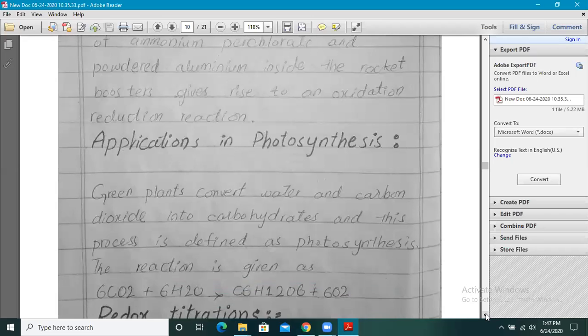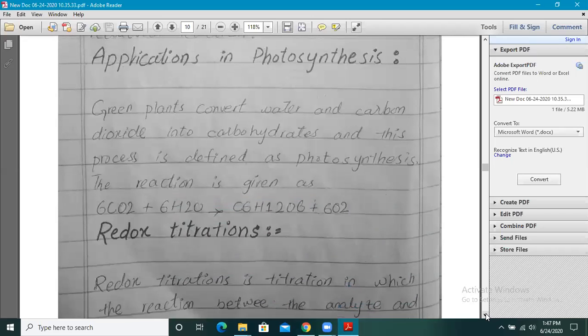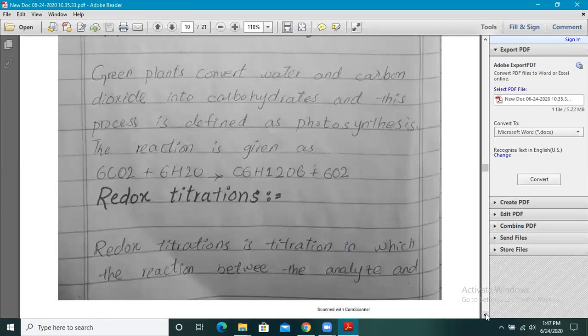Now we have the application in photosynthesis. Green plants convert water and carbon dioxide into carbohydrates, and this process is defined as photosynthesis. The reaction is given as follows. Next, we have redox titration.